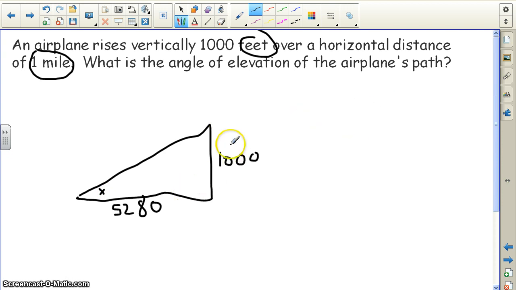We've got our 1,000 as our opposite, 5,280 as our adjacent, so we're going to use tangent of our angle, which this time we don't know, equals our ratio. Our opposite is 1,000, our adjacent is 5,280.